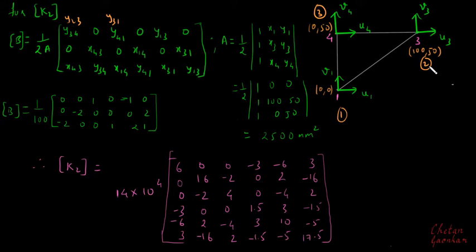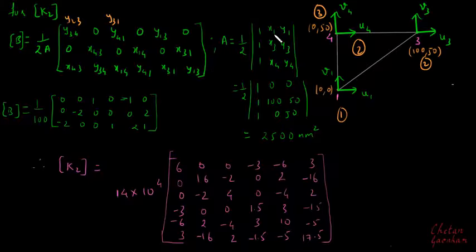But here, when we have local node number 2, the global node number is 3. So wherever there was number 2, that will be replaced by 3, and wherever there was number 3, that will be replaced by number 4. 1 will remain the same as 1. While deriving this, wherever there was number 2, for this element it will be replaced by number 3, and wherever there was number 3, that will be replaced by number 4. So this is what we need to take care of.